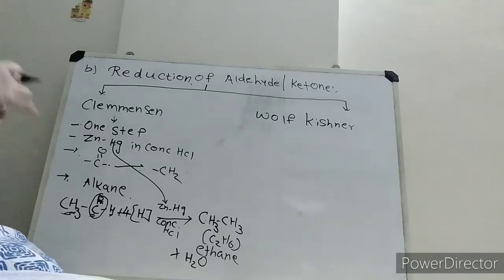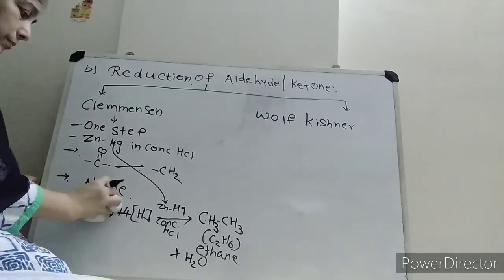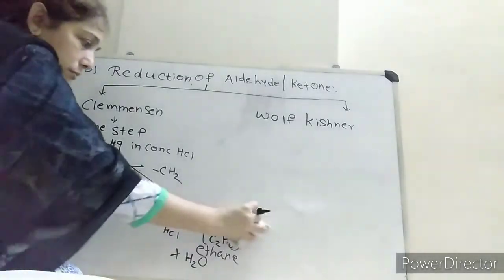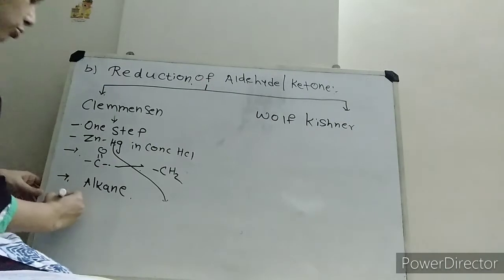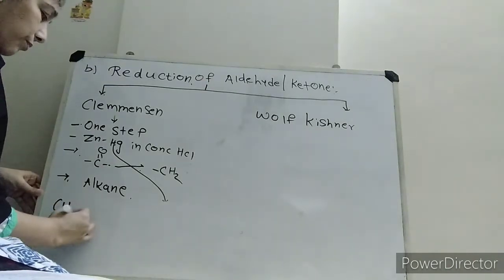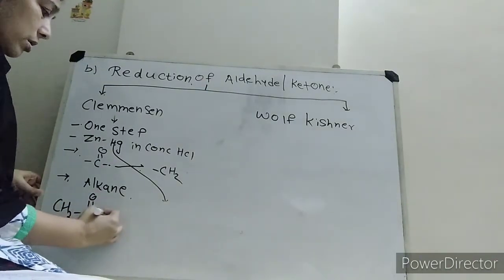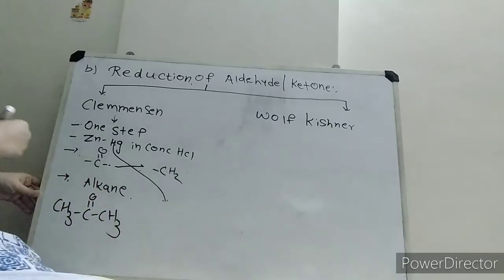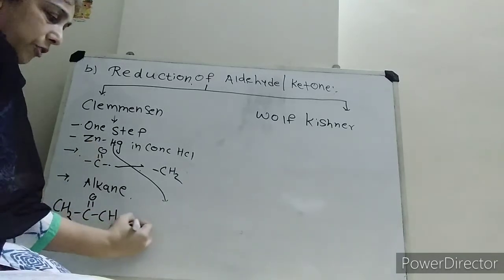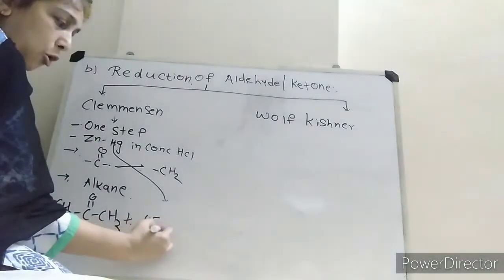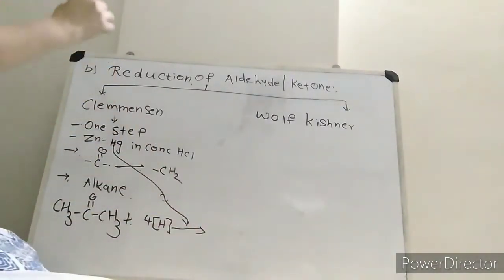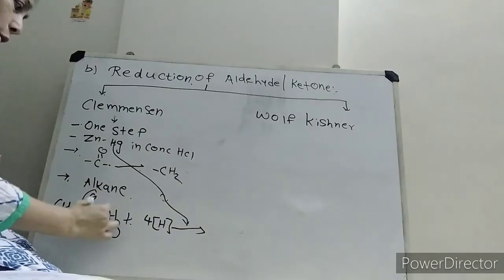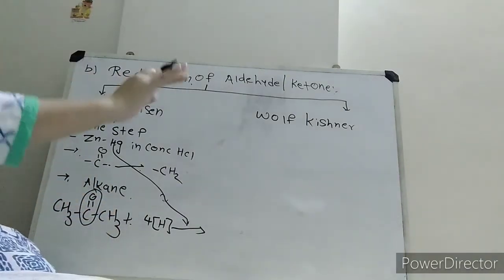Suppose I take another example, acetone, CH3COCH3, which undergoes reduction with 4 hydrogen, using the same catalyst. Then this C double bond O always changes to CH2.